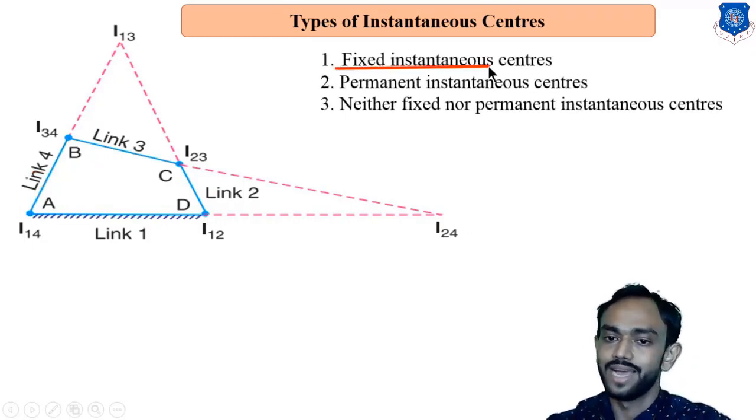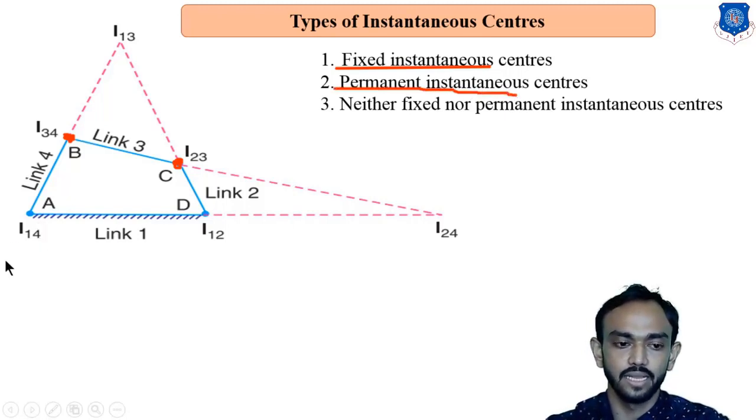Okay, fixed I center. After that, check this point, the connection between link number 3 and 4, and the connection between 2 and 3. This point will stay here, and this is known as a permanent I center, because if the mechanism is moving from this position, this point will always be here between the 2 links.